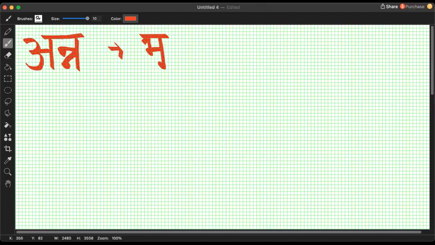It's unlike Devanagari where you draw one straight line, the Shiroreka, but here they're all independent. When you're writing Anna, first you'll write na here, and just below that you will write another na.